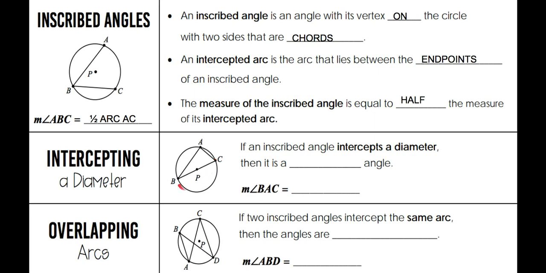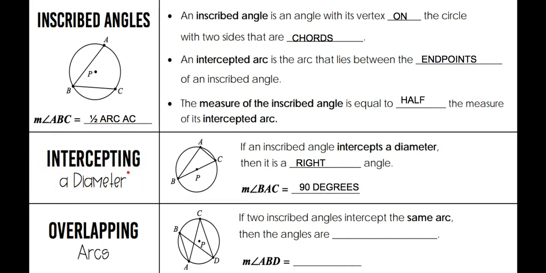Good, that would be 180. So if the angle is half that, then what kind of angle would it be? Half of 180. So it would be a right angle that's equal to 90. This only happens when we intercept a diameter.